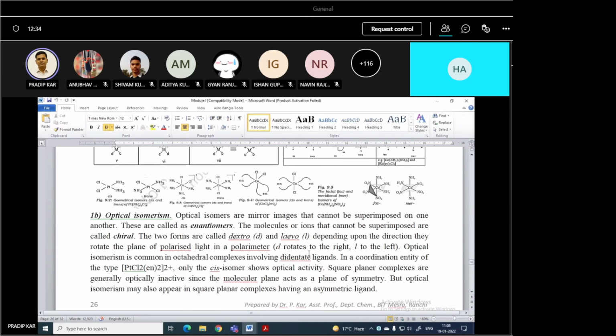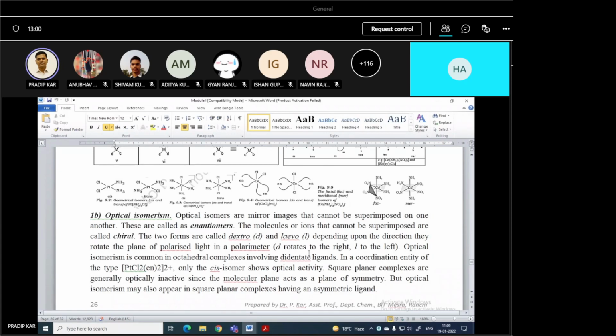Actually, the term chiral is used for the chiral center in organic chemistry; we can also say optically active compound. Among the two enantiomers, one rotates the plane polarized light to the right and the other rotates it to the left, but the value is the same.